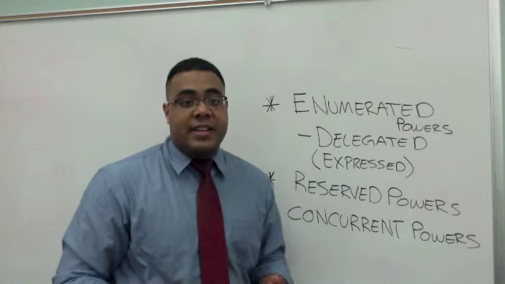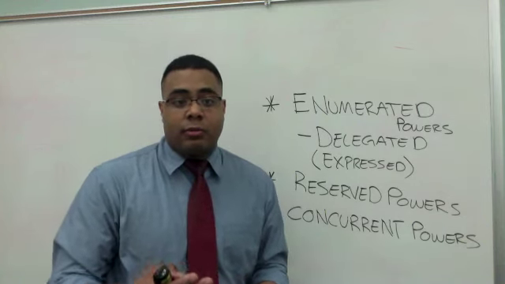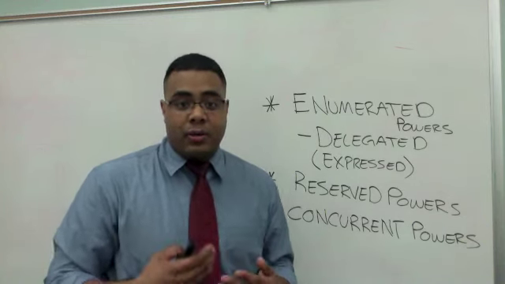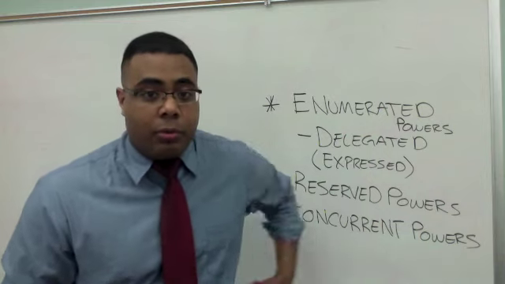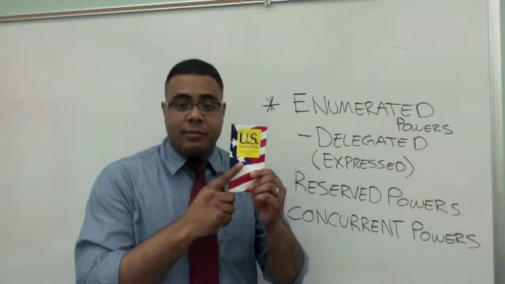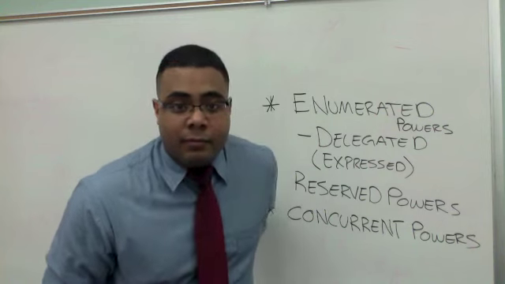Article 1, Section 8 is going to list 17 of those enumerated or expressed or delegated powers that Congress has. So go and pull your pocket Constitution out, take a peek at it.